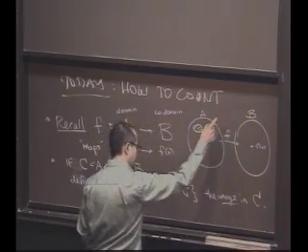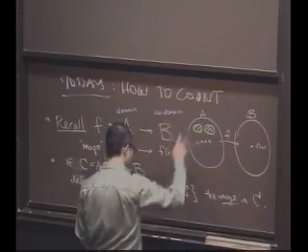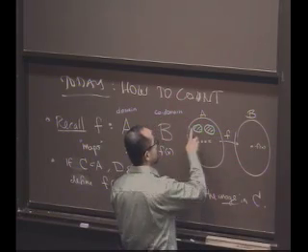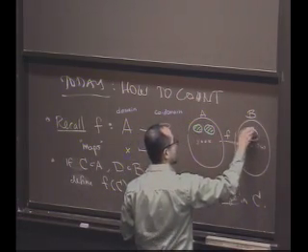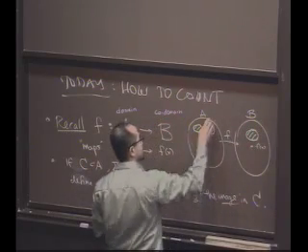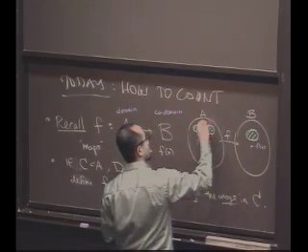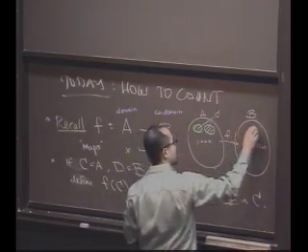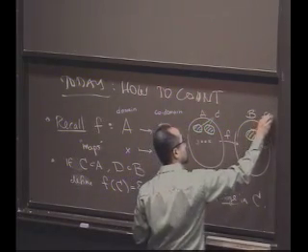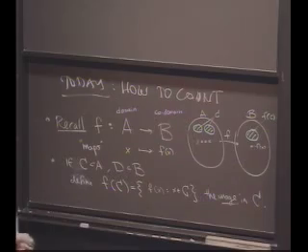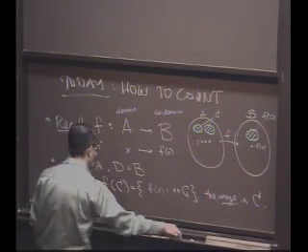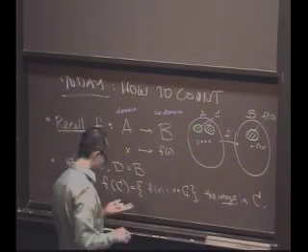It lives in B, right? So the image of C, these two blobs might get mapped onto the same blob. So if this is C, then this would be F of C. Happy?